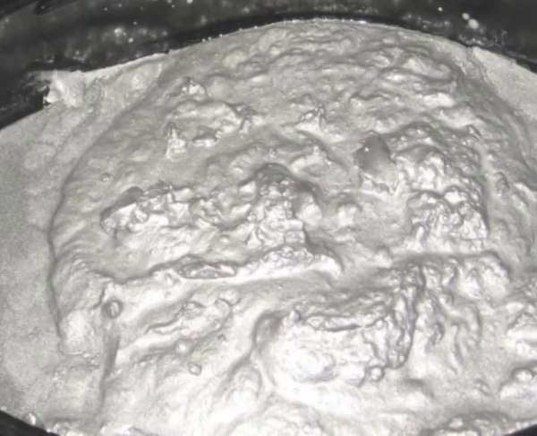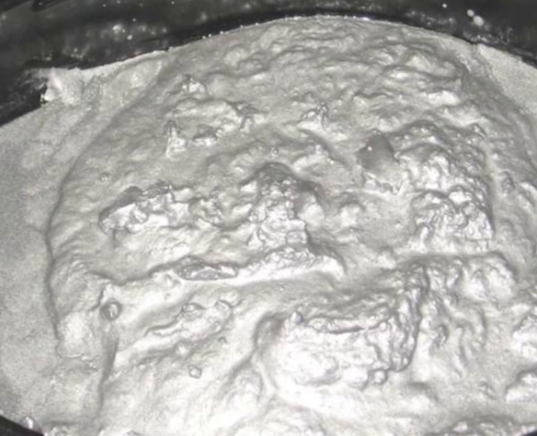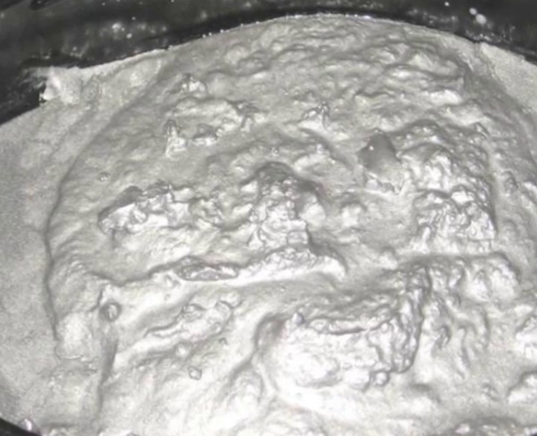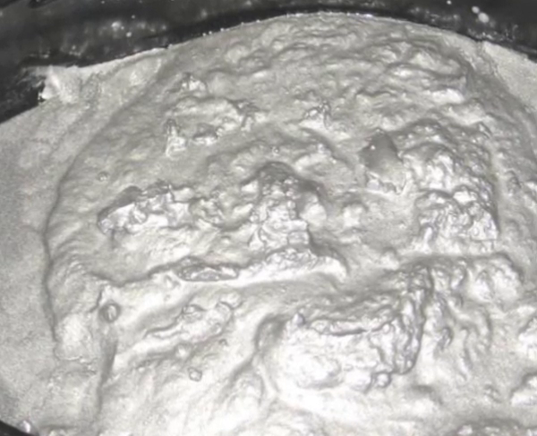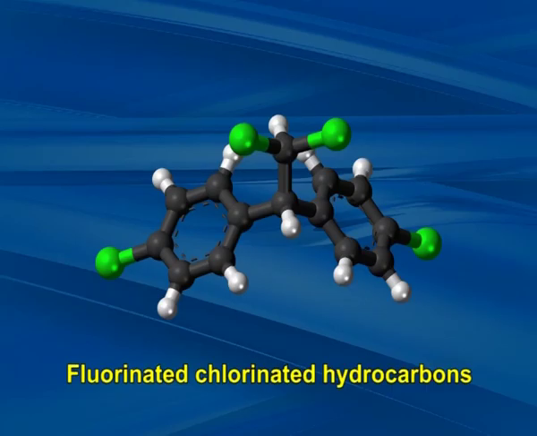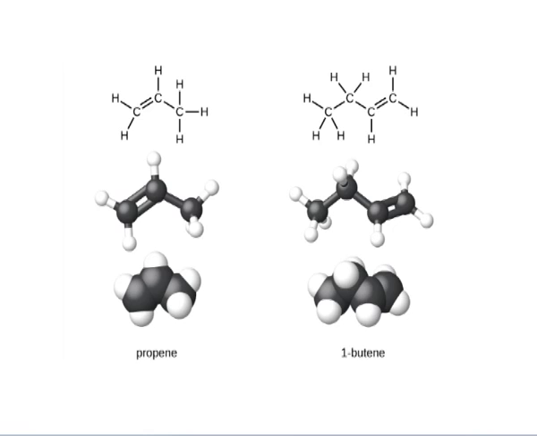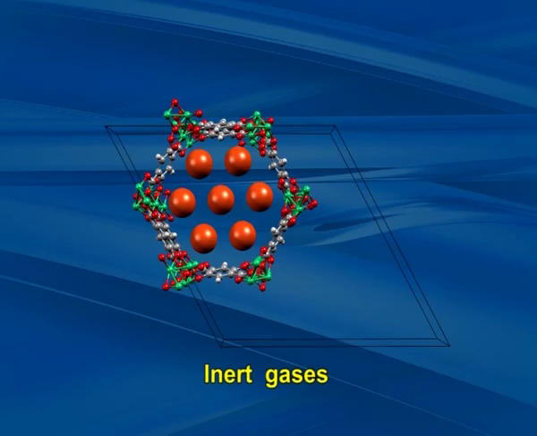Propellant: the intimate mixture of propellant gas and product in a true aerosol provides a rapid expansion of the propellant as it leaves the valve orifice. Examples: fluorinated chlorinated hydrocarbons, paraffin hydrocarbons such as propane and butane, and inert gases.